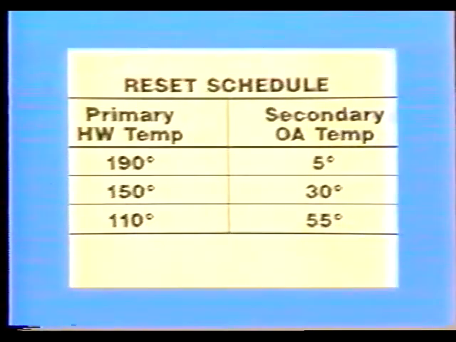To calibrate a receiver controller in the field, we must first plot the reset schedule on paper before starting. In doing this, we will know what the set point should be at any given outside air temperature. With a piece of graph paper, mark the ranges of the transmitters, primary on one axis and the secondary on the other.